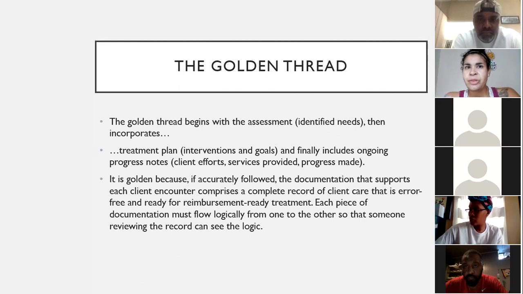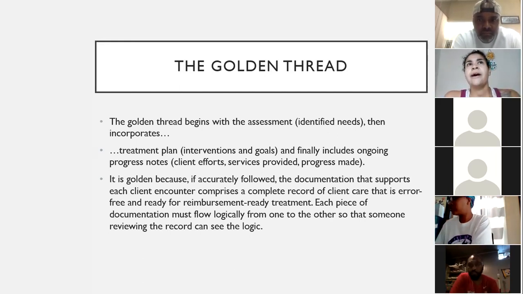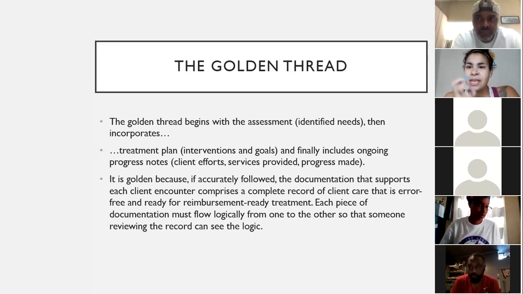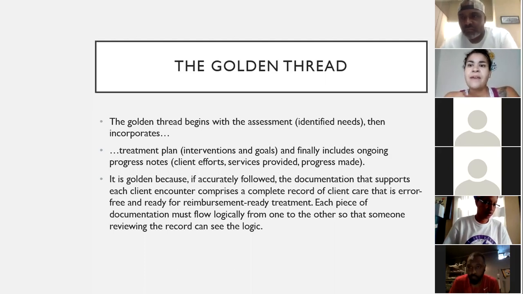It's called the golden thread because if you're following it accurately, each documentation is tying together. Your treatment plan is derived from your mental health assessment. Your progress notes should follow right behind your treatment plan. And that is a huge thing. That is one of the major things that insurance companies are going to look for if they ever come in and do an audit. They want to see that the services you're providing and writing about match what's in the treatment plan.